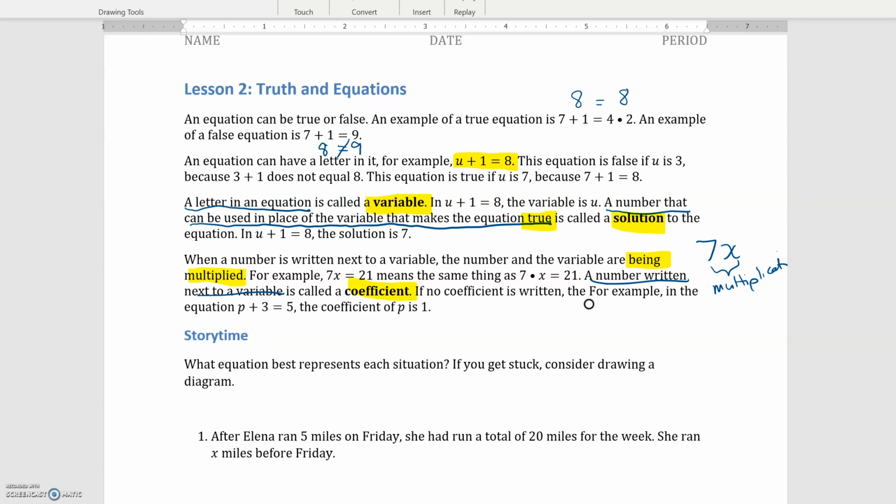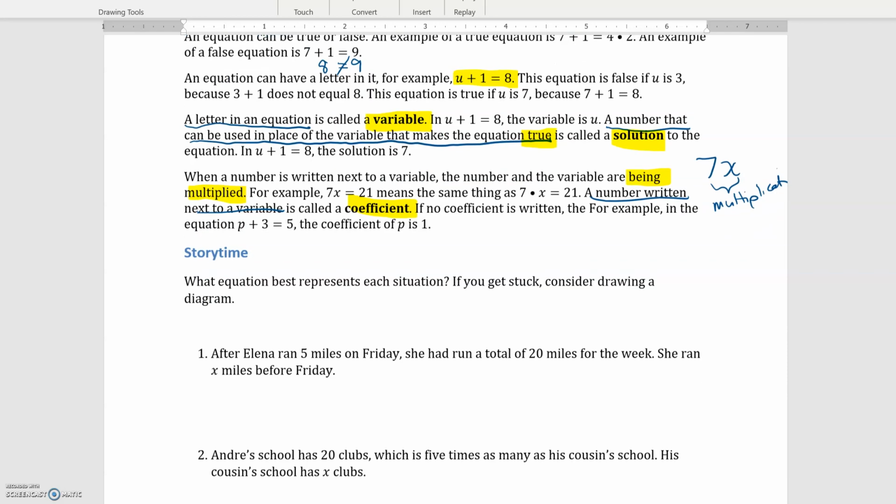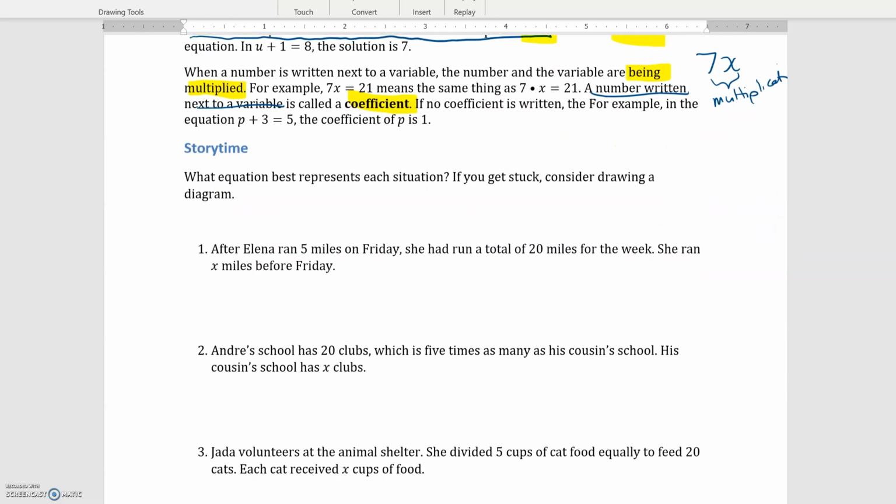And if no coefficient is written, for example, in the equation p plus 3 equals 5, the coefficient of p is 1. Okay? So thinking about that, let's now move forward to the bottom part. I think here it should say if no coefficient is written, the coefficient is 1. I think it got cut off.